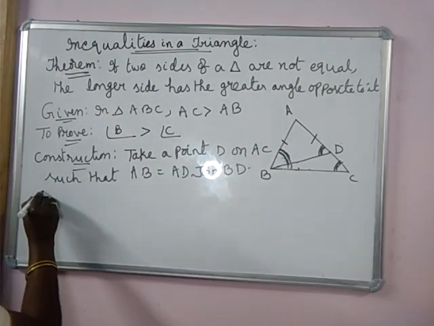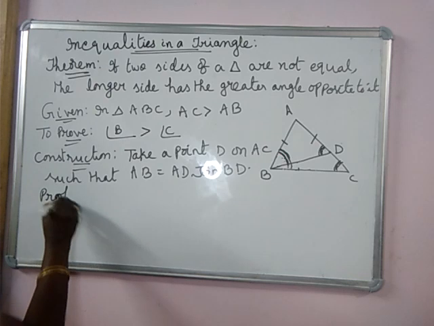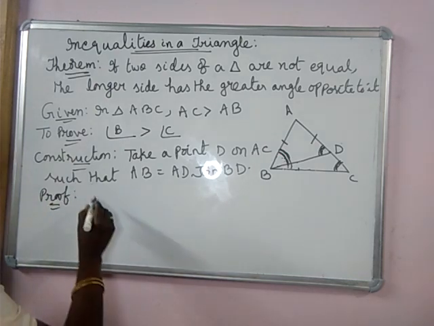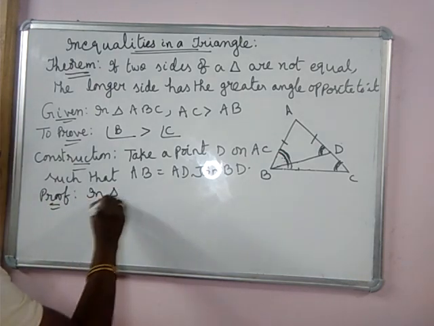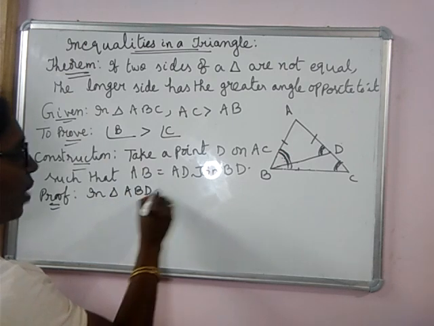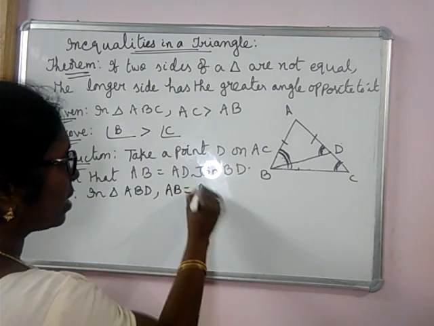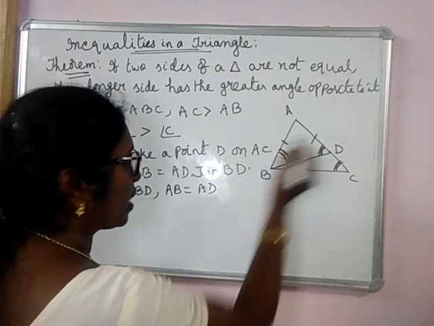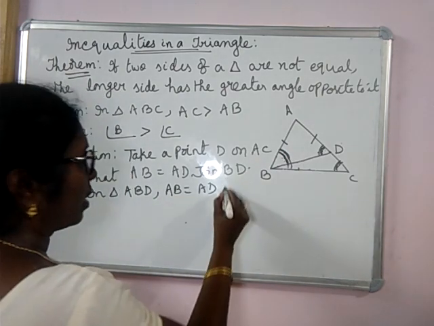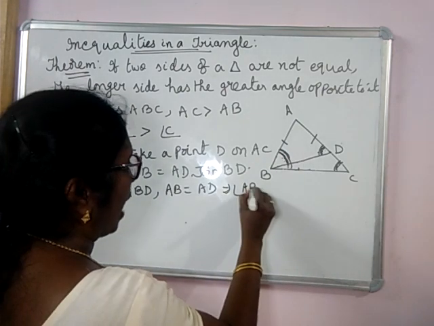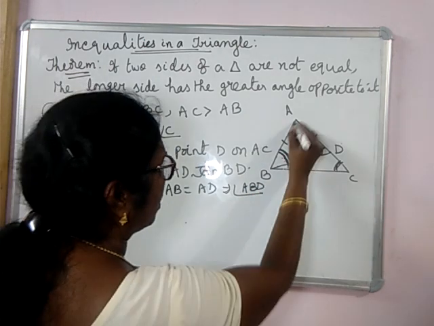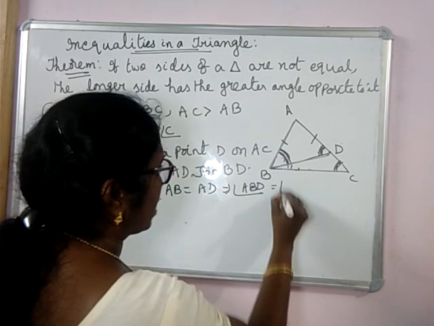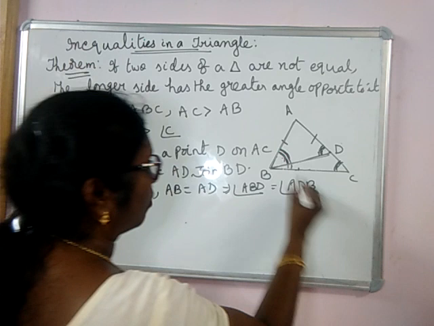Let me show the proof. In triangle ABD, we have taken AB is equal to AD. Already we have done the construction. That implies angle ABD is equal to angle ADB.